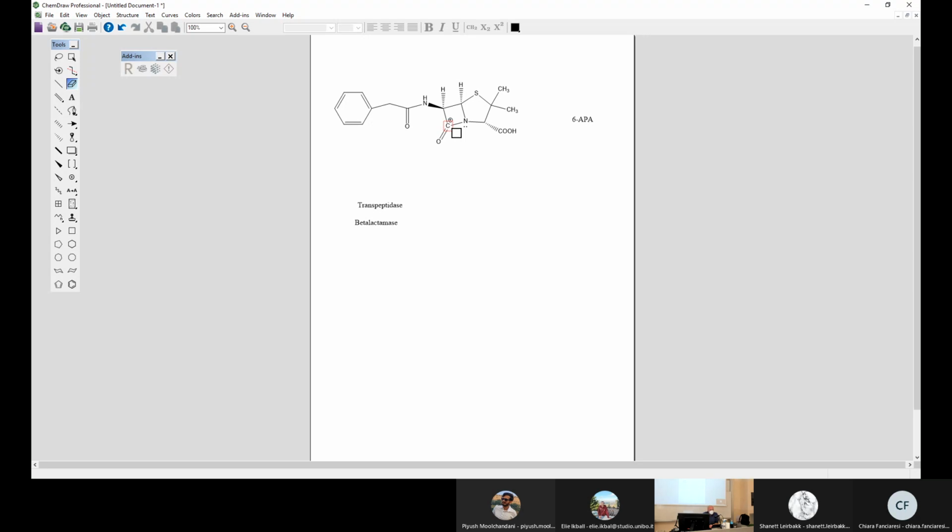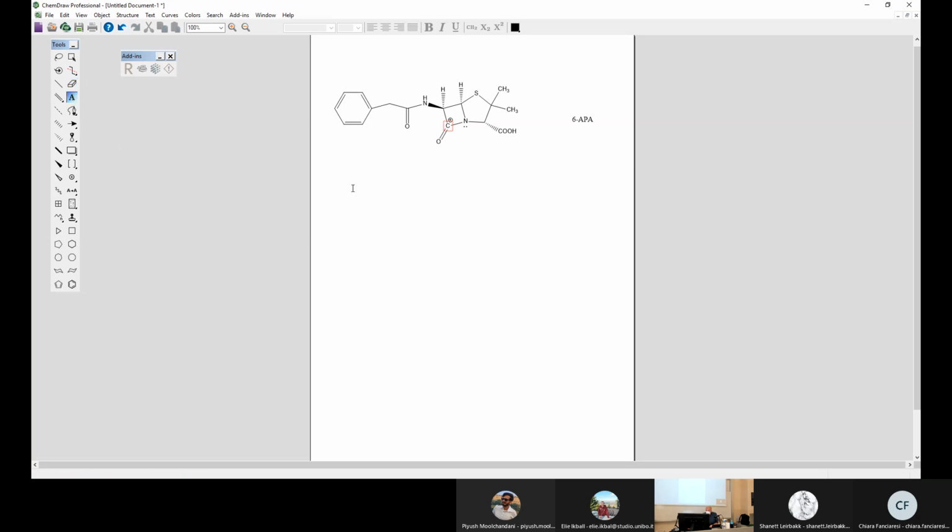How can we increase the stability of this compound in acidic condition? At that time, there were two different classes of scientists.